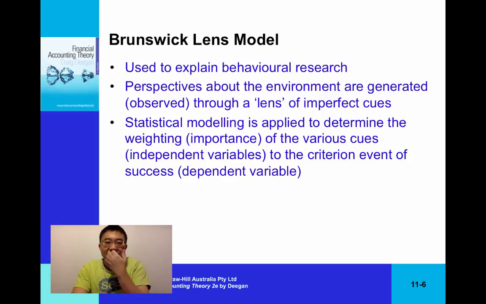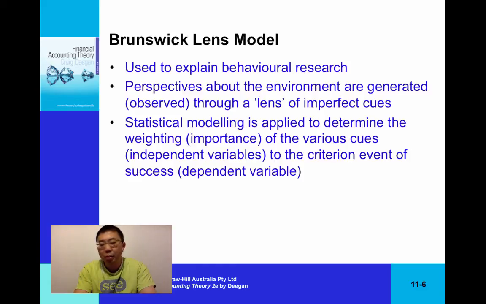These few slides here explain a little bit more of what I've mentioned, how the Brunswik lens model works. If you look at the second bullet point, perspectives about the environment are generated through a lens of imperfect cues. We say these are imperfect cues because we base these cues on what people think are most important.